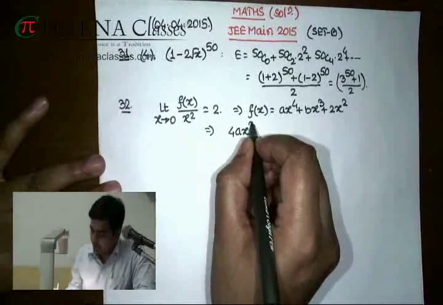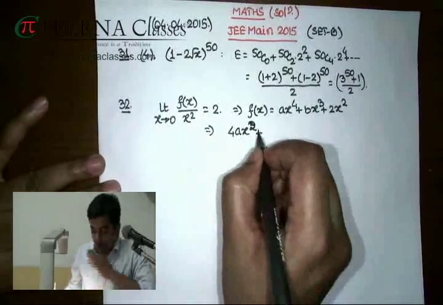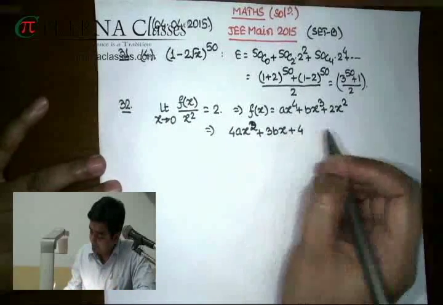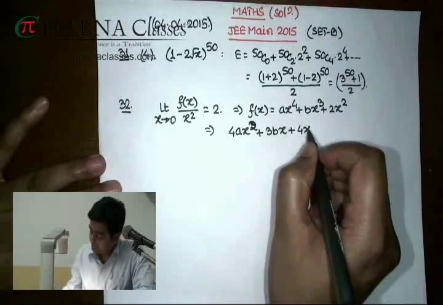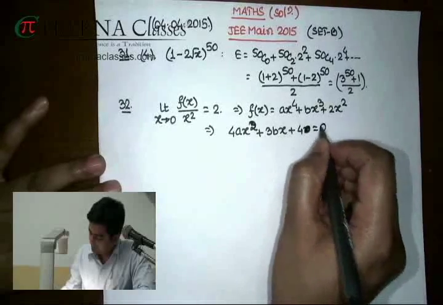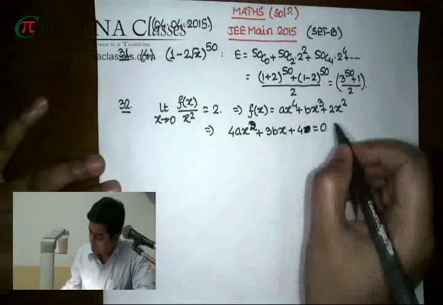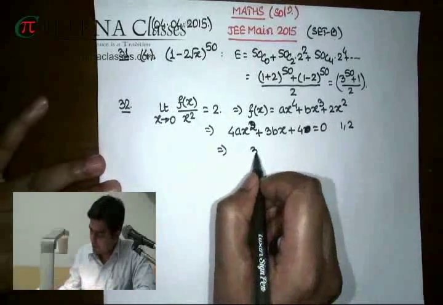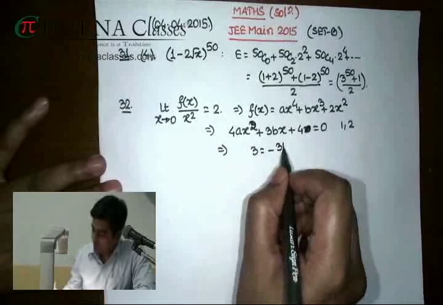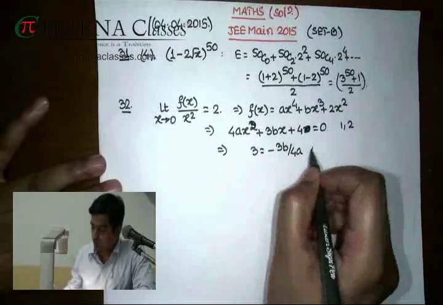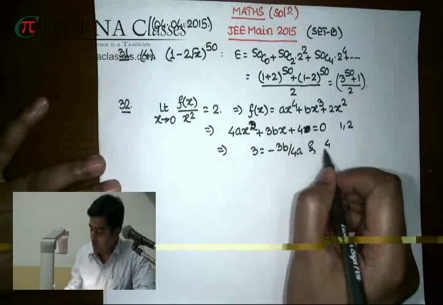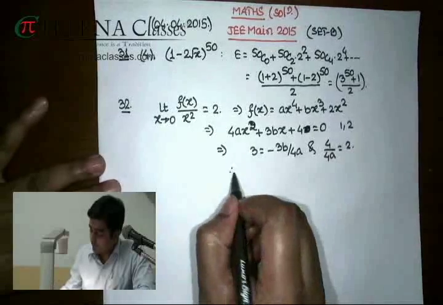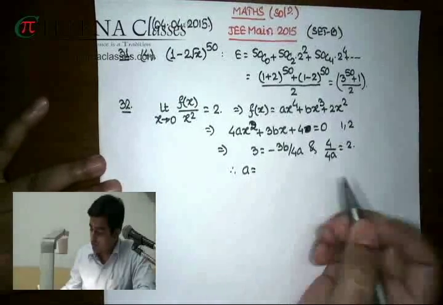If I discard that particular value, this is the quadratic which is going to have 1 and 2 clearly as roots, implies then the sum of the roots should be negative 3 by 4a, and product of the roots, that is 4 by 4a, must match with 2.